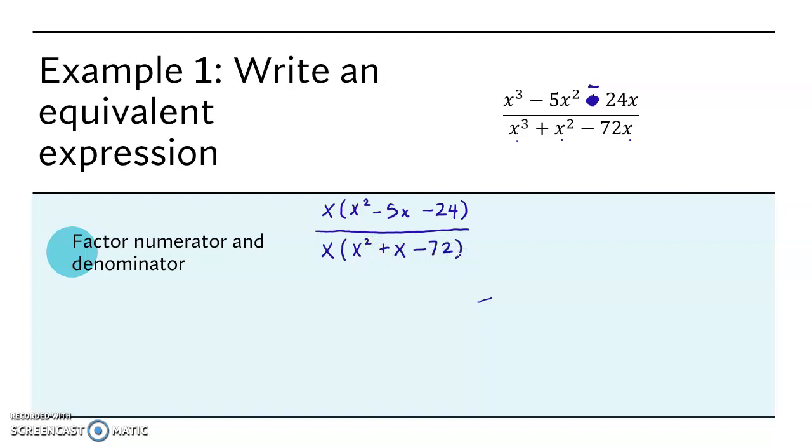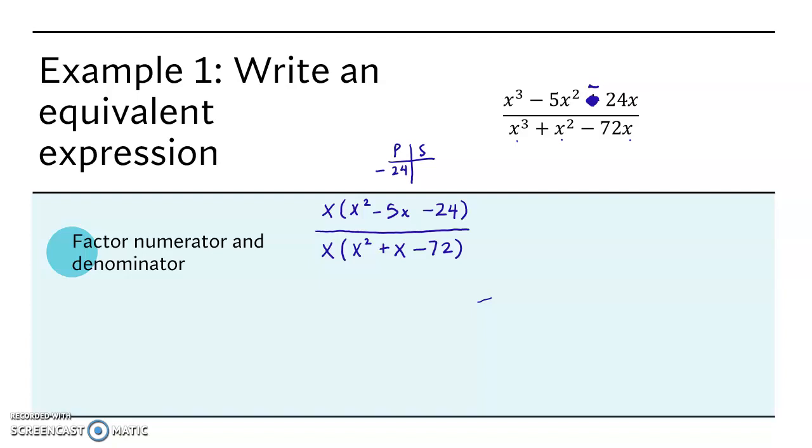And now I'm looking at factoring those quadratics. I notice that I need numbers that multiply to 24 and add to negative 5. Oh, actually, they multiply to negative 24. So I'm thinking like 2 and 12, but that would add to be 10 or negative 10.